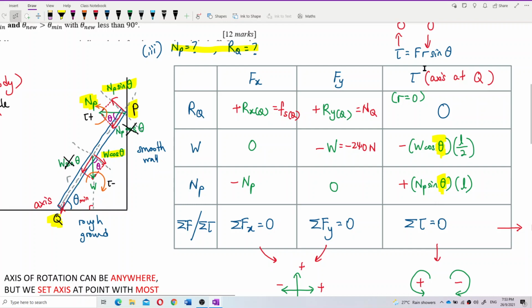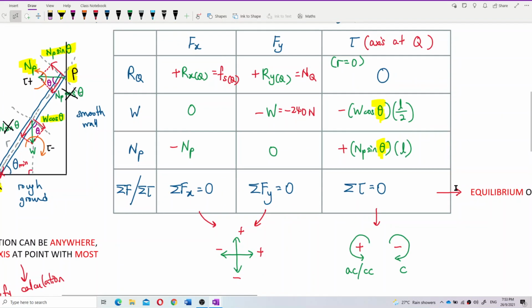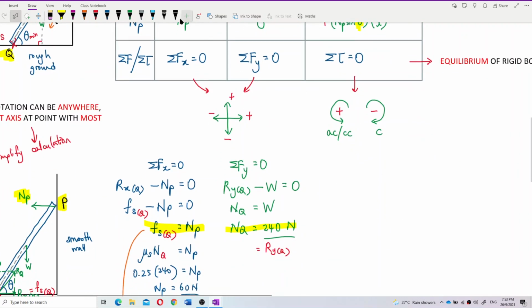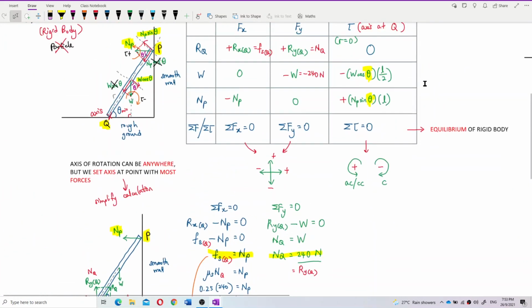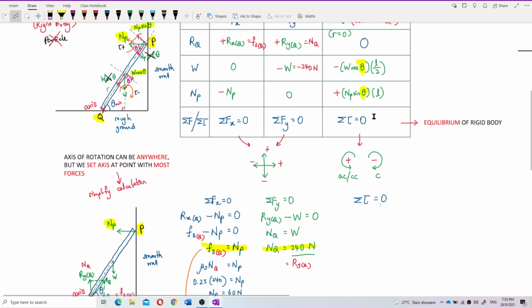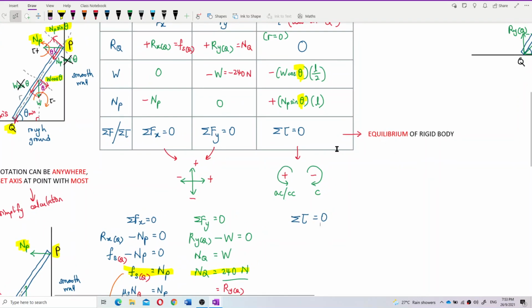So for this one you need to do the torque. We need to use the third formula: the total torque equal to 0. So we total up all these torques.